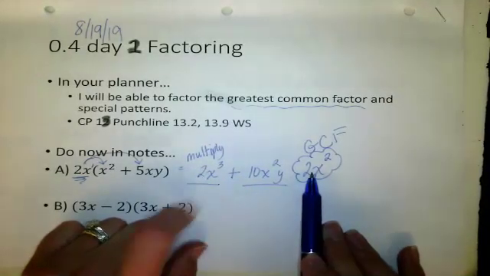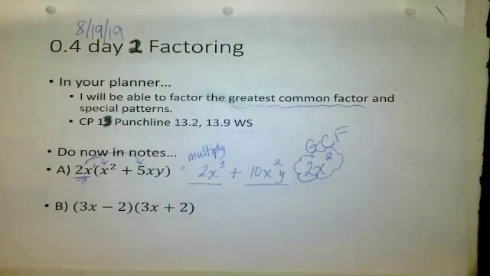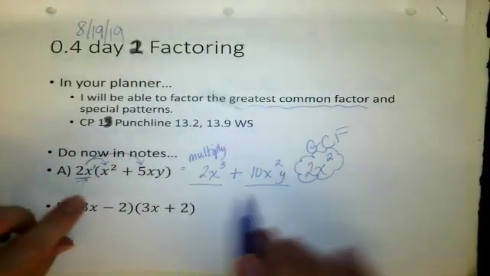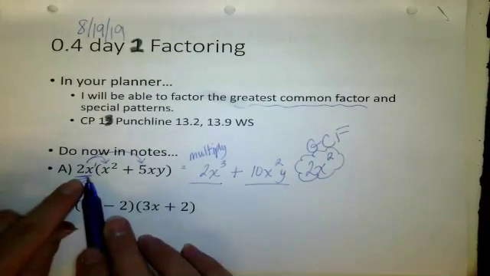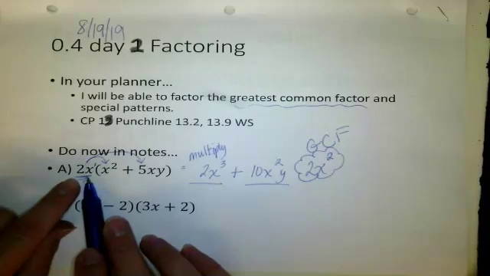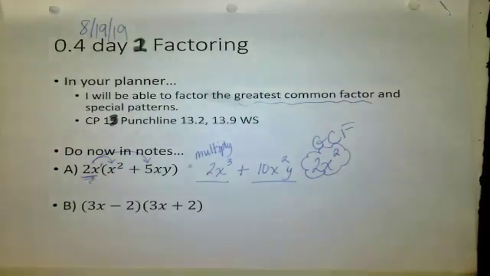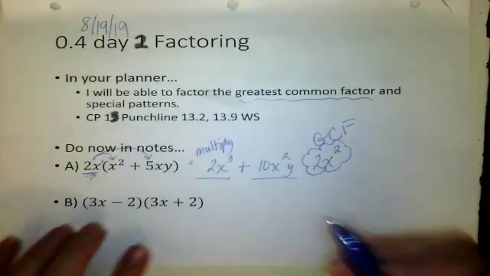And so we want to be able to recognize that greatest common factor and undistribute it. So we're going backwards and we're pulling out that greatest common factor, undistributing. That was kind of a bad example, it turns out.